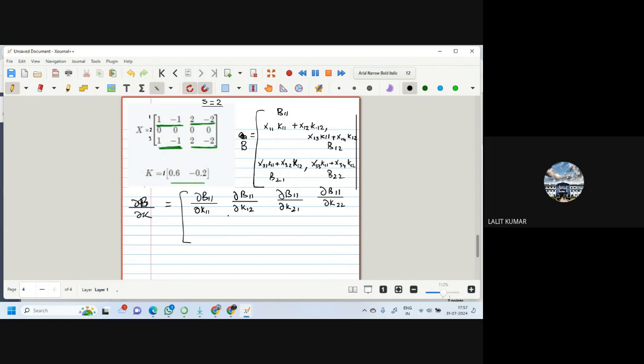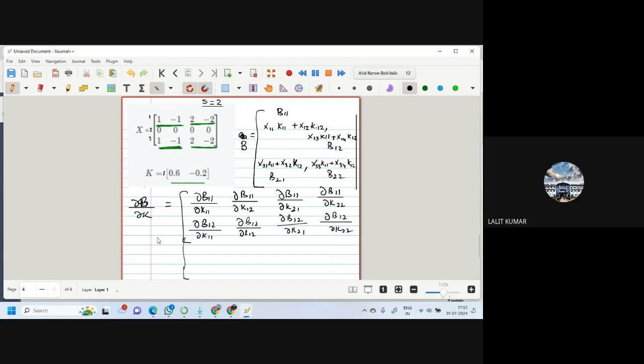Similarly, I have to find del B12 by del K11, del B12 by del K12, del B12 by del K21, del B12 by del K22. For this element also, I keep on calculating.